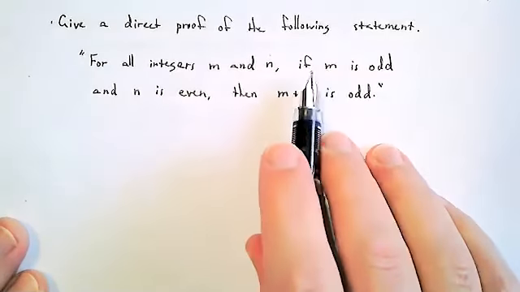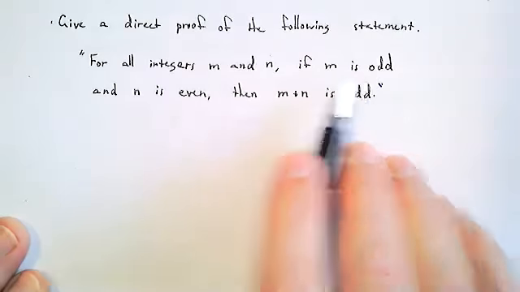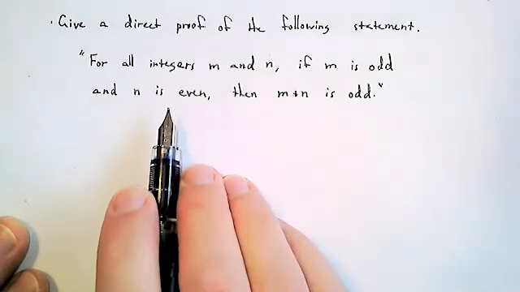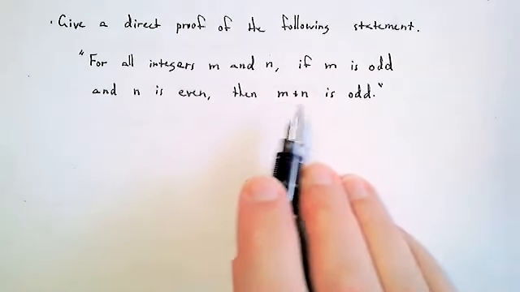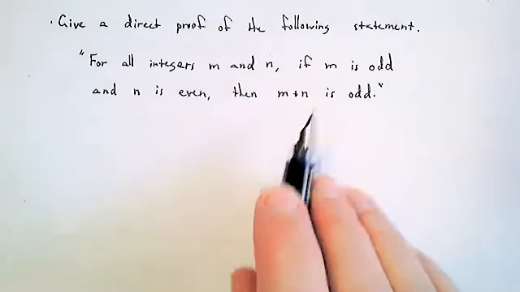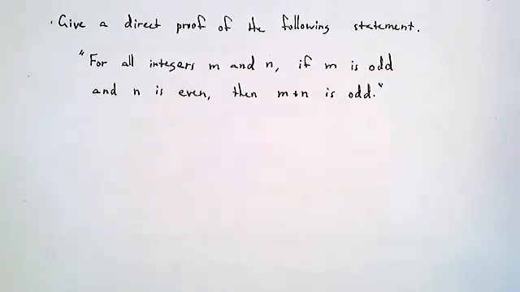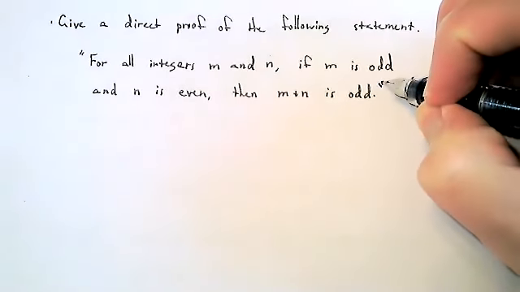So we're going to assume, in this case, that m is odd and n is even, and then we're going to use logic and definitions and axioms to prove that m plus n is an odd integer.